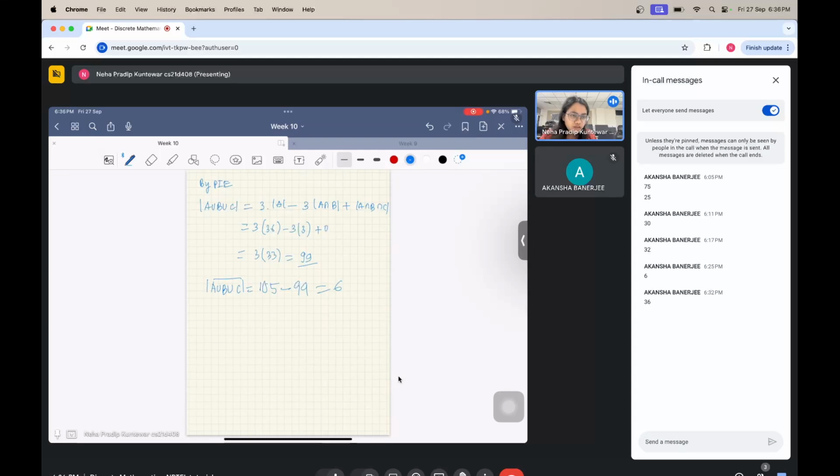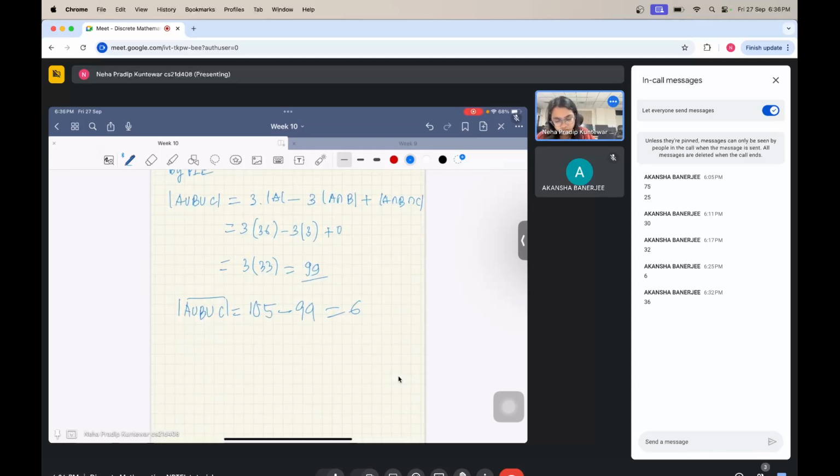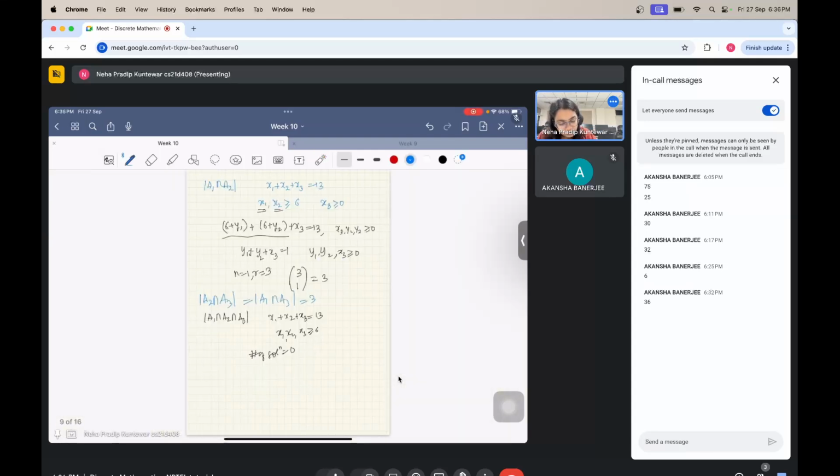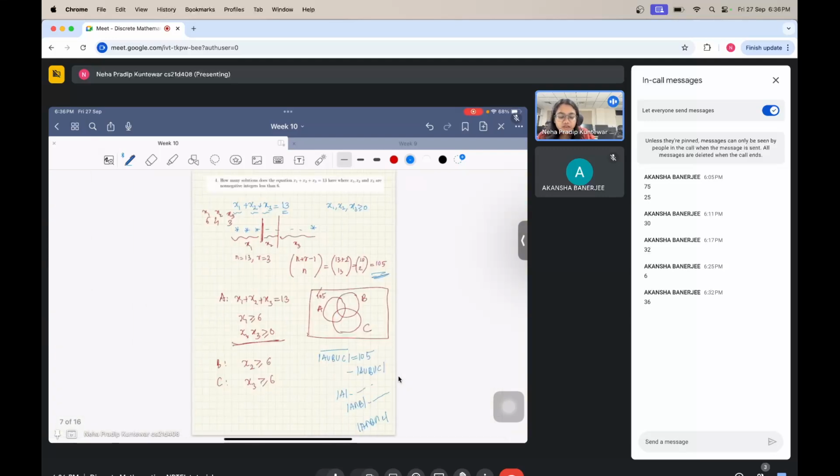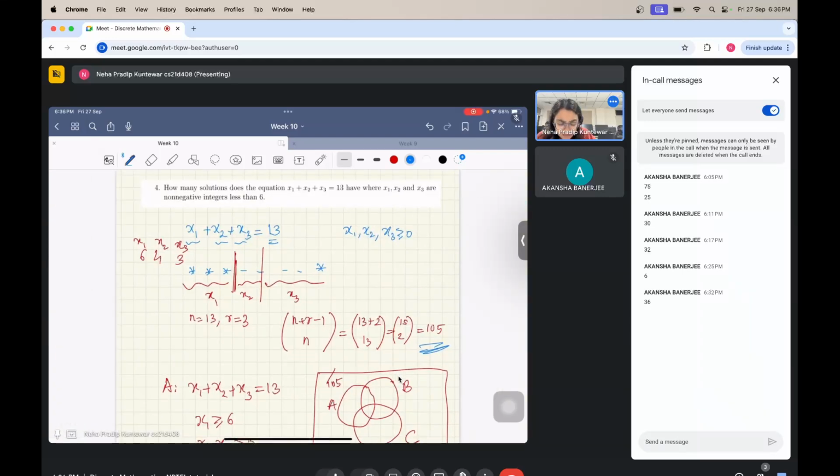So your answer is indeed correct. So 6 is the number of solutions that you can have where x1, x2, x3 are constrained in such a way that they're all non-negative integers that take value less than 6.